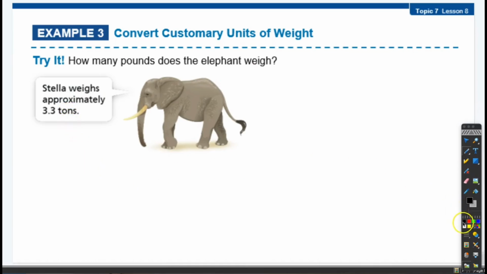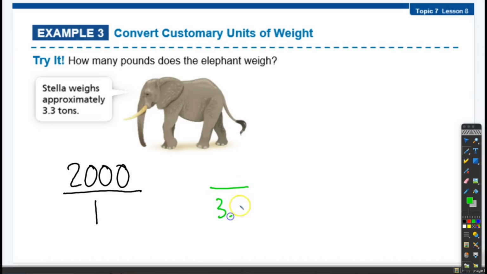So, I know off the top of my head that 2,000 pounds equals 1 ton. And we know that she weighs 3.3 tons. So, how do I get from 1 to 3.3? Well, we multiply by 3.3.